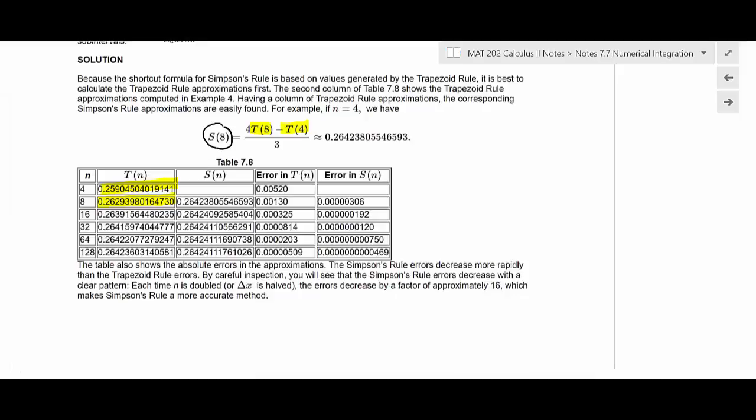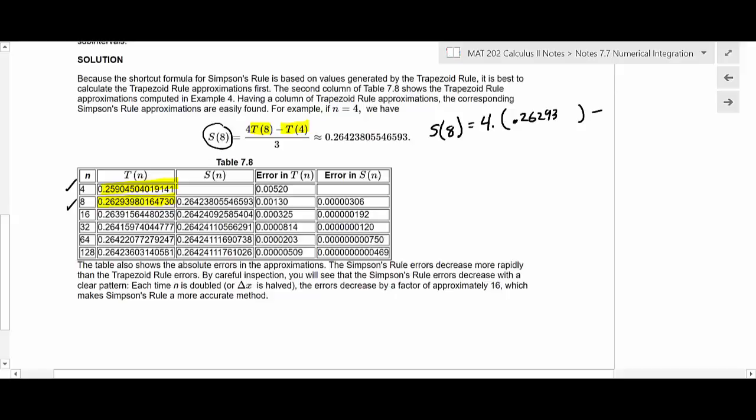Well, what you would do then, if you were doing Simpson's rule for the 8 intervals, is you would do 4 times this value right here, and I'm not going to write all those decimals, it's like 0.2629 and so forth. It's that row right there, minus this thing, which would be 0.259, then the rest of the decimals, and then divide by 3.